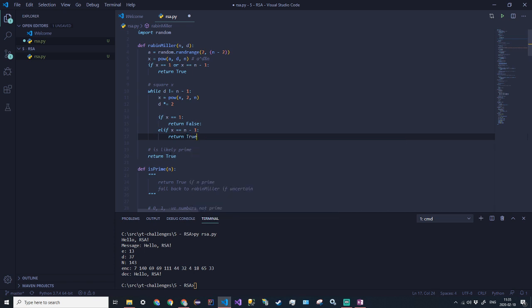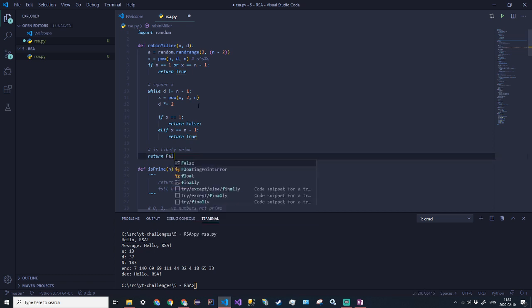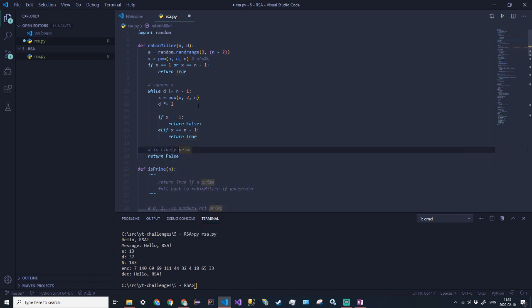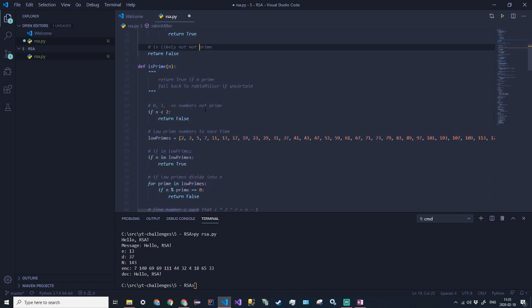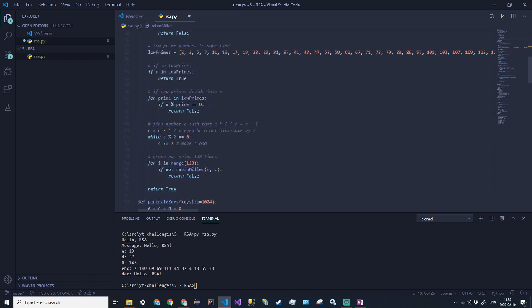Wait, I said it wrong. This function will return false if it's likely not prime. Did I say that right?